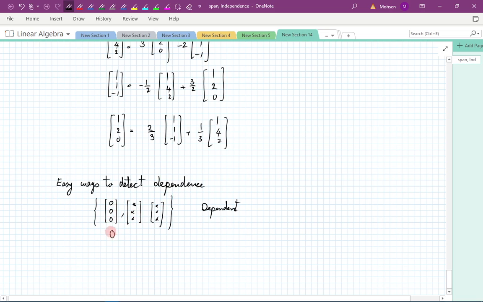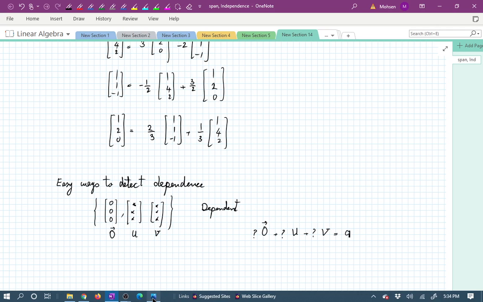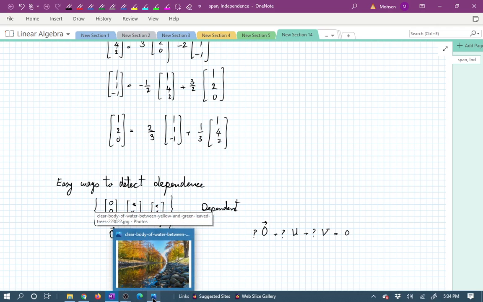Let's see why. Let's denote this one by 0, and let's say this is vector u and this is vector v. Let's go ahead and use our definition. We said if I can write down some multiple of this plus a multiple of that plus a multiple of that that is 0, with all of these numbers not being 0, then I have a dependent set. Can you come up with such a thing? This is kind of a silly question.